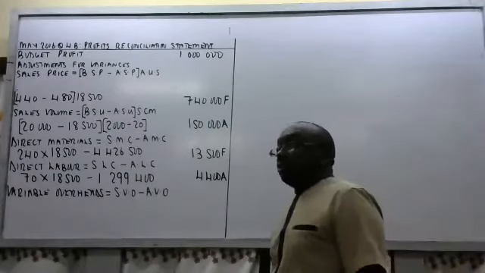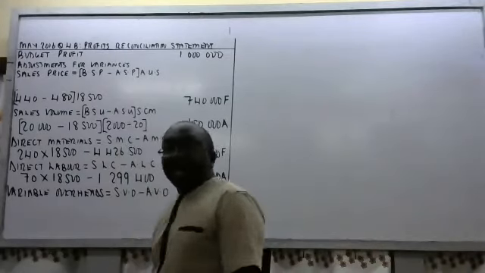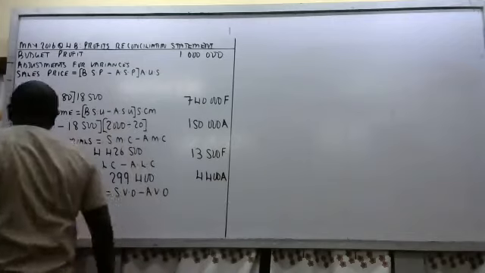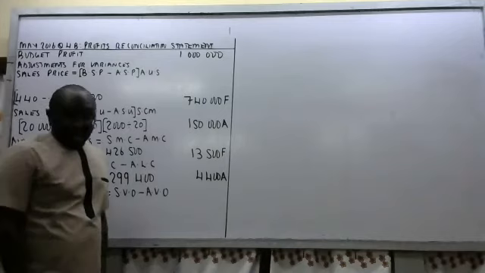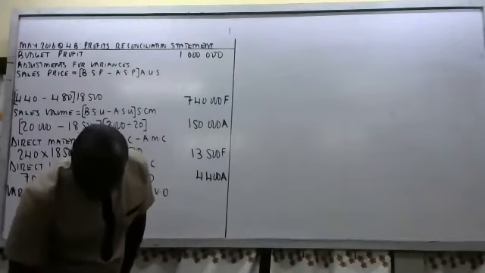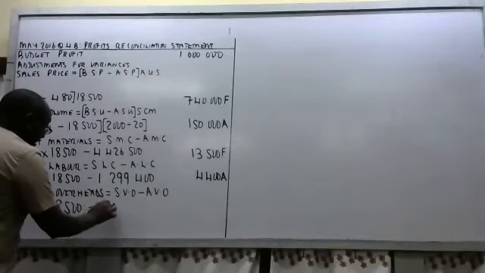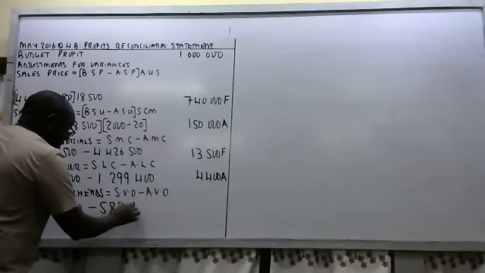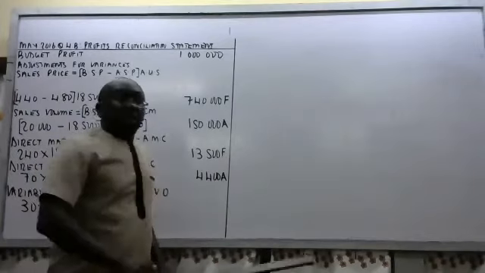So what you need to do is to go to the budget and find that we had 30 per unit. So it is 30 times 18,500. Then go to the actual results and find that we spent 588. So give me that amount.